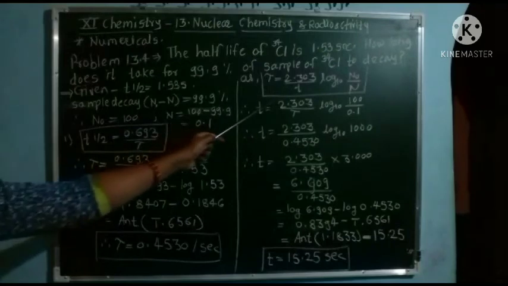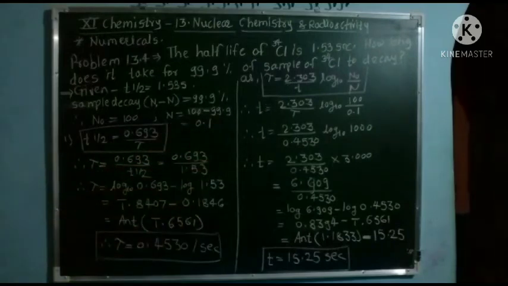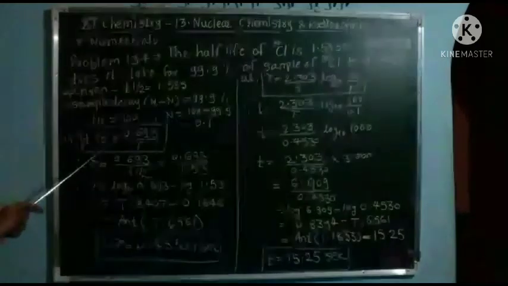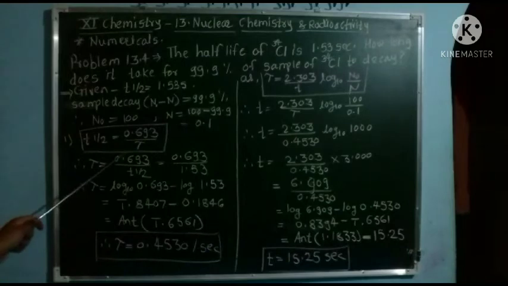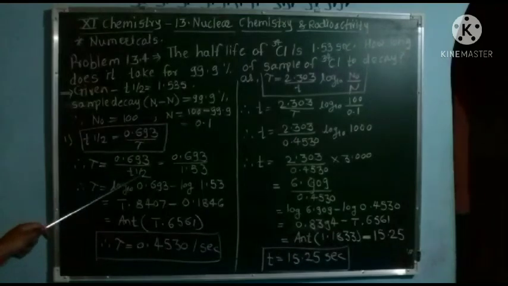We have to calculate the T, but for T first we should calculate the lambda. Lambda can be calculated by T half. The formula of half-life period is 0.693 divided by lambda. That's why lambda is equal to 0.693 upon T half.